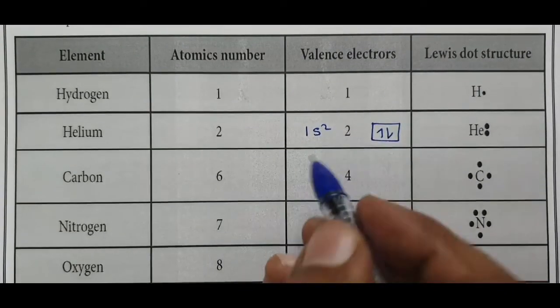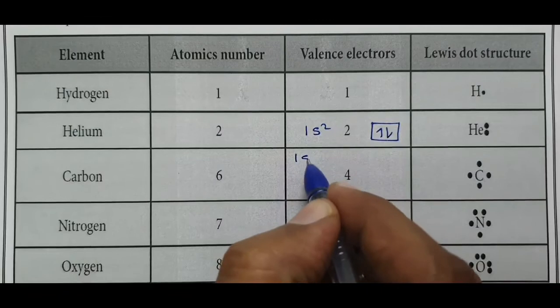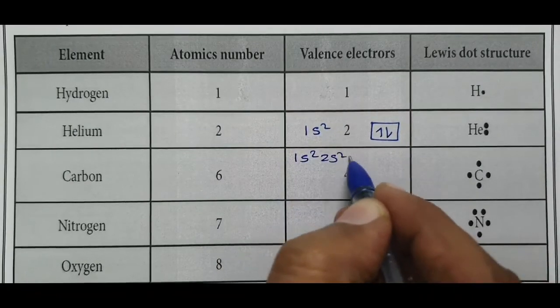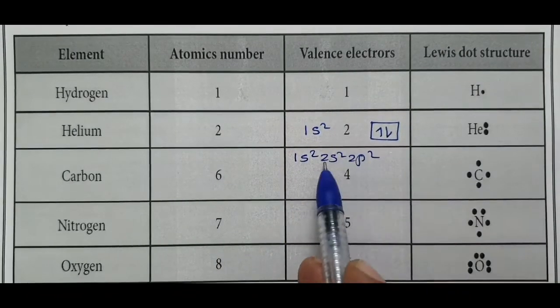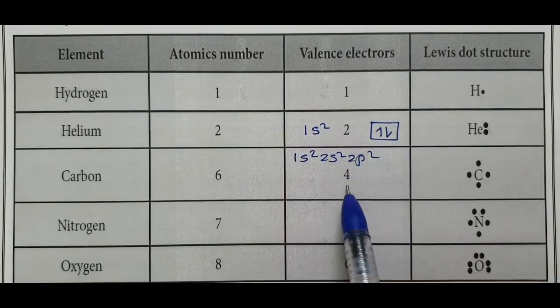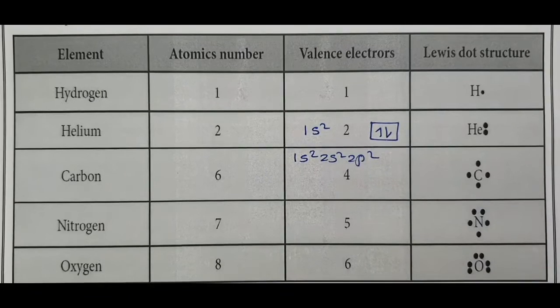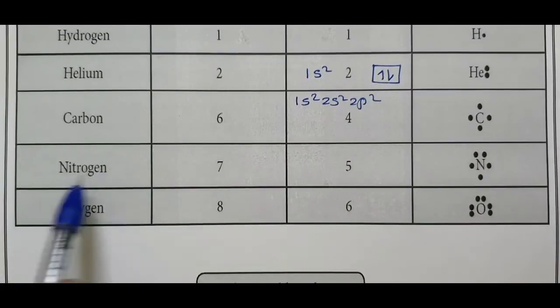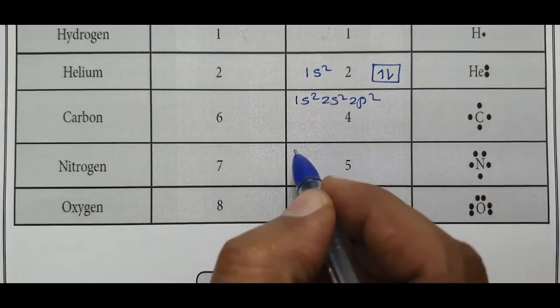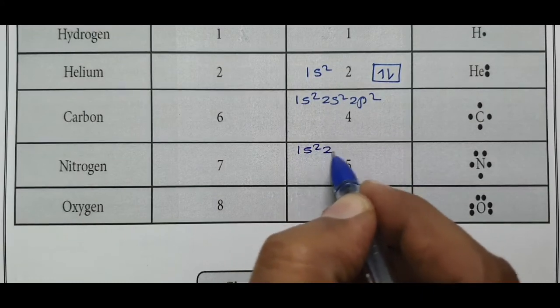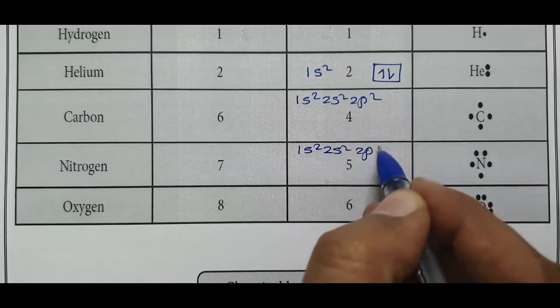Carbon, atomic number 6, electronic configuration 1s2, 2s2, 2p2. Valency cell means outermost cell, containing 4 electrons. All these 4 electrons are indicated around the carbon atom. Come to nitrogen. Nitrogen, atomic number 7, electronic configuration 1s2, 2s2, 2p3.